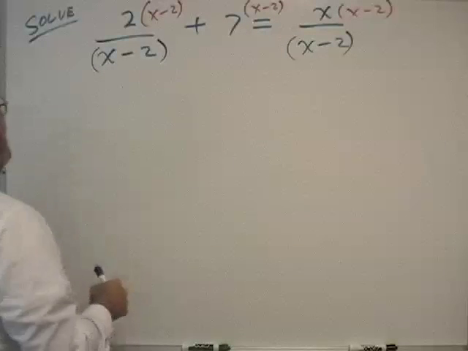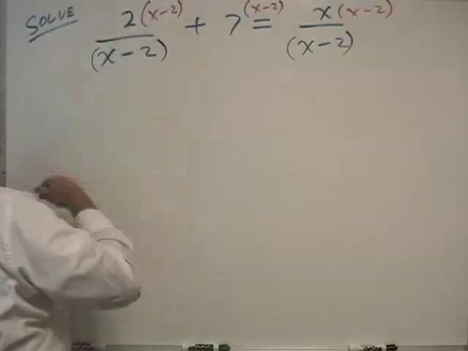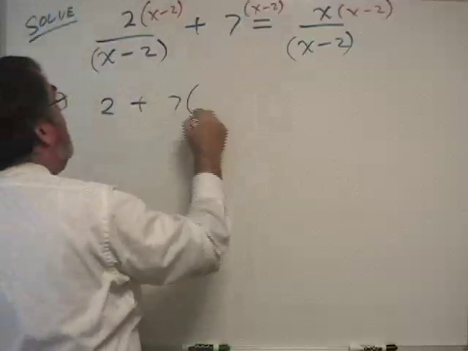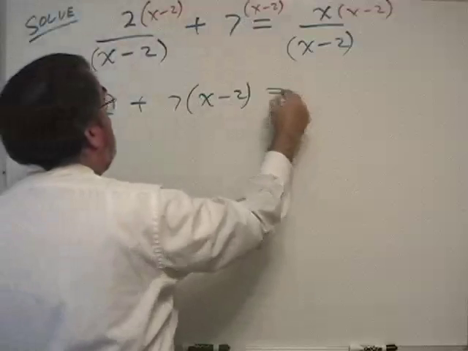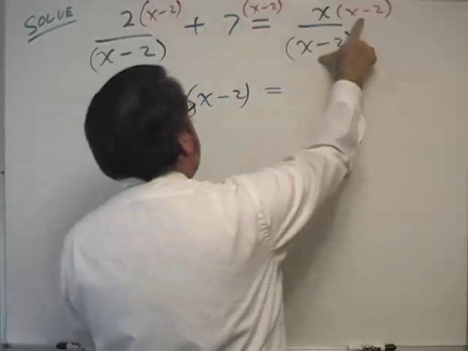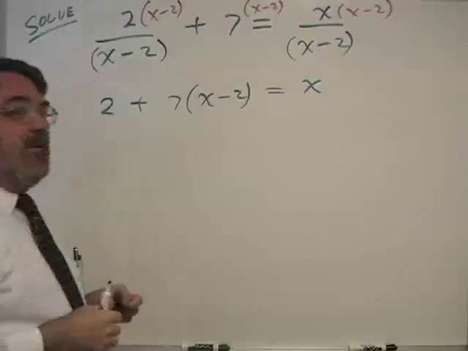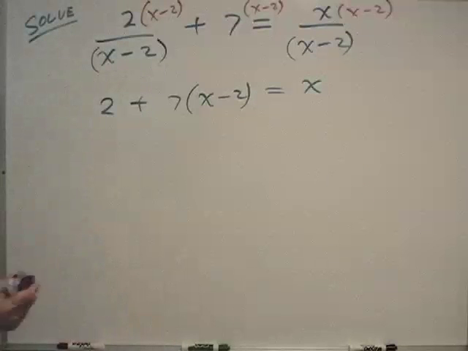And we see that these cancel off, leaving a 2, plus 7, parentheses x minus 2 equals 2. And over here, x minus 2 is canceled, leaving x. So we cleared the fractions. So far, everything looks fine to me.